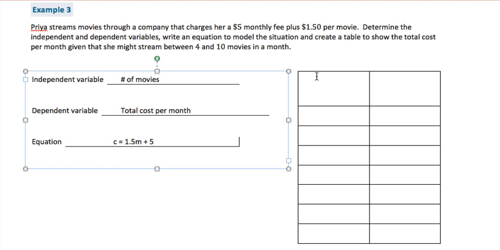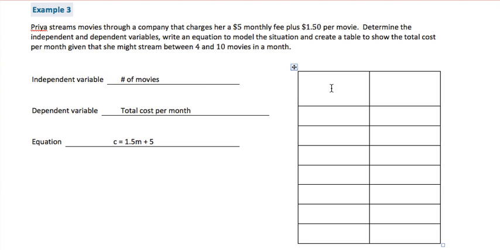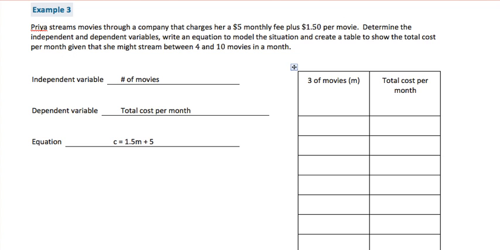Now we'll go into the table. And again, our independent variable stays on the left. It is the number of movies, which we're going to represent as M. And then the dependent variable, which is our total cost per month, will be C. And this is slightly different than what we've done in the other examples.